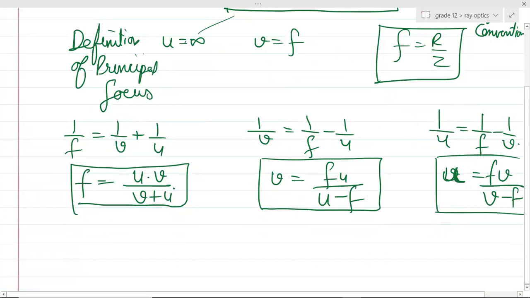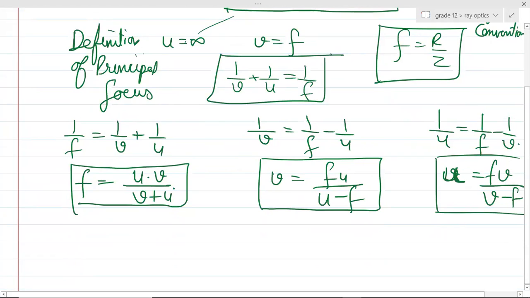Okay, so these are your alternate formulas. You don't need to remember these, remember only one: 1 by v plus 1 by u is equal to 1 by f. This is the main mirror formula, and we have derived this particular thing. So anyway, now let's write the next heading, which is called lateral magnification.